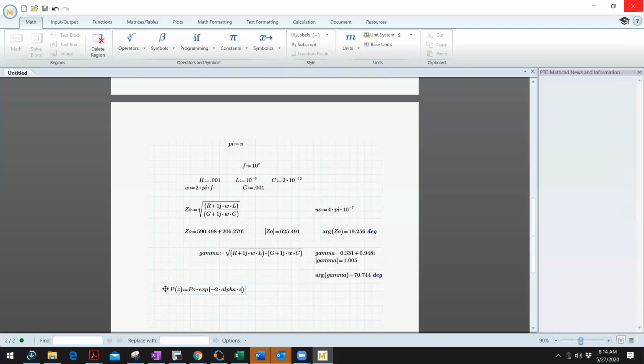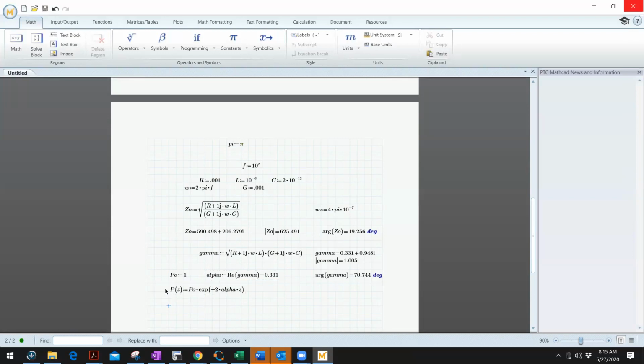Now, in general, the thing that people forget is Z. I can make P naught anything. I'll just make it 1. Alpha is simply the real part of gamma, right? And so alpha is 0.331. Are you with me, everyone?